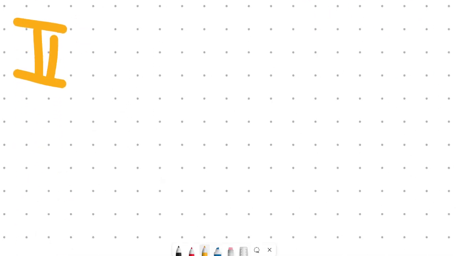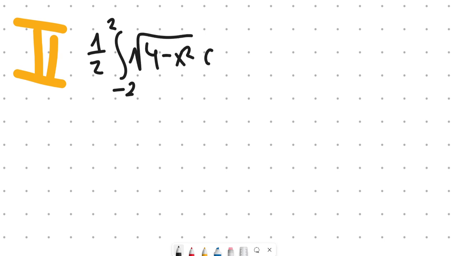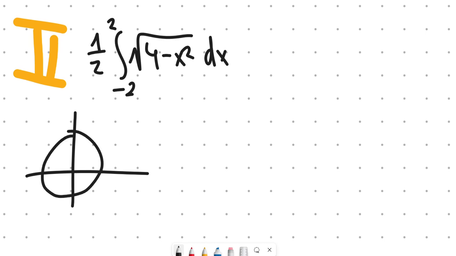If we talk about the Roman numeral 2, it's going to be the half integral from -2 to 2 of the radical of 4 minus x squared dx. There are many trigonometric ways to solve this, and you can use trig substitution. But the easy way is to make a circle on the xy plane. We have the Pythagorean formula: x squared plus y squared is equal to r squared, with r being the radius of the circle.